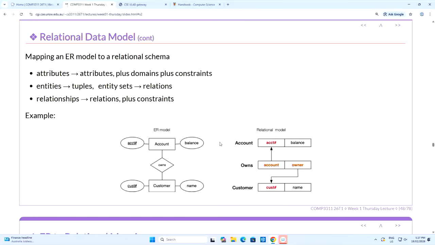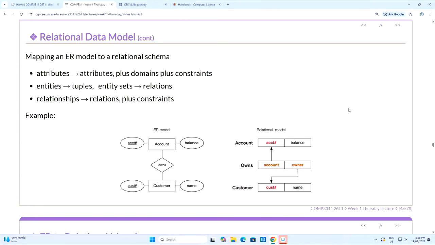So for instance, when we're mapping from an ER model to a relational model, we need to really think of what tables are there. For entities, we make a table out of it. For composite attributes, we squish them and just list them as simple attributes. For weak entities, we make another table. And for multi-valued attributes, we make another table.